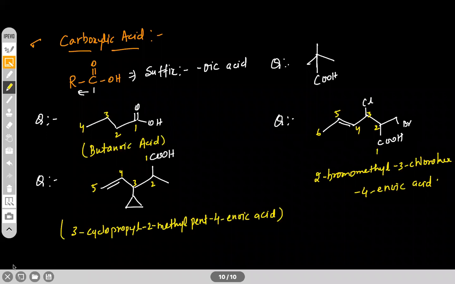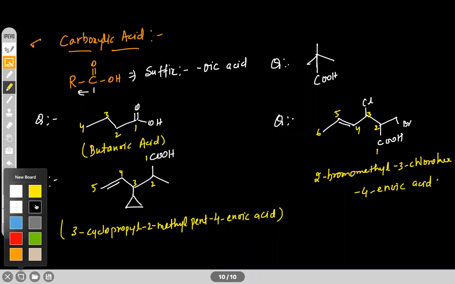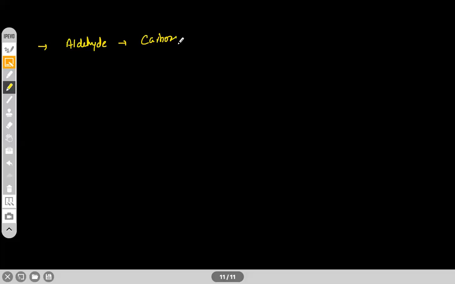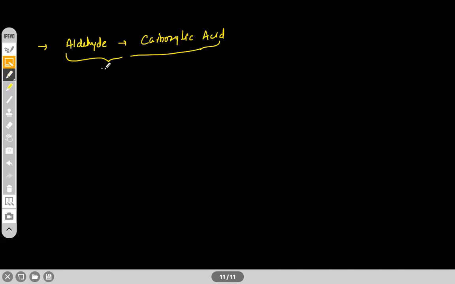Okay. So guys, one thing here quickly, whatever functional groups we have discussed, from aldehyde to carboxylic acid. Last class we did aldehyde, and now we have done from aldehyde to carboxylic acid. One thing is common in all these functional groups. What is the common thing? Could you tell me, anyone?